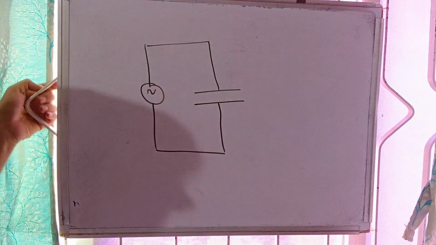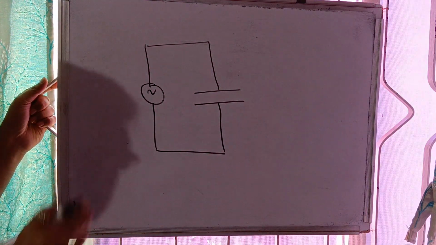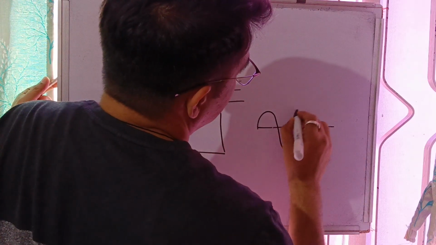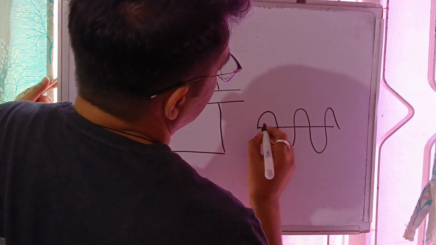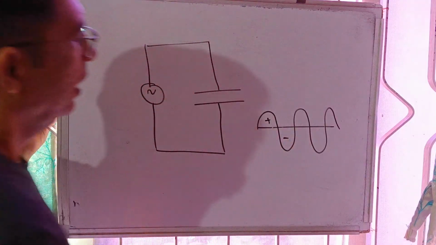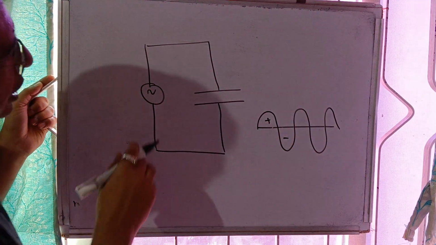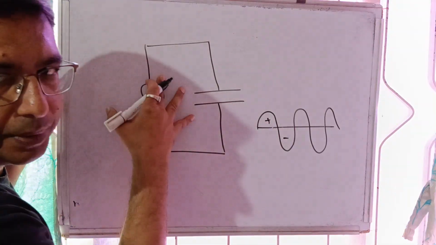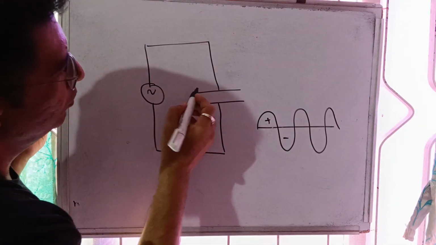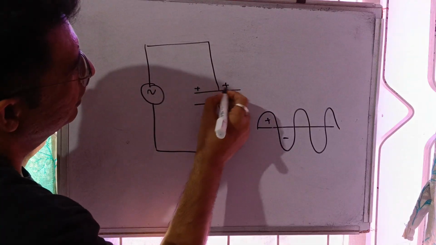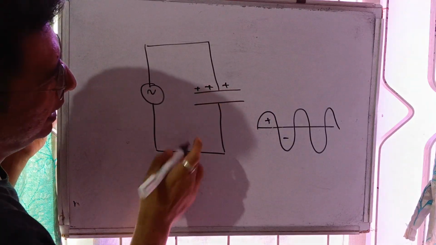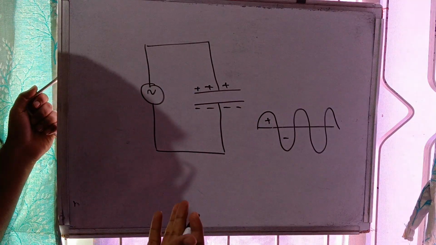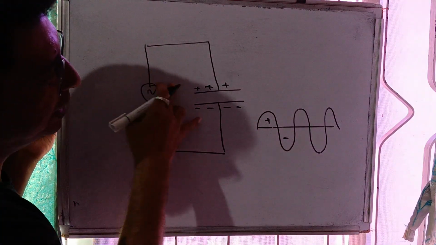Now in the case of alternating voltage, let's say in the positive half cycle, this is positive and this is negative, less potential here. But in the other, negative half cycle, this becomes negative and this becomes positive.